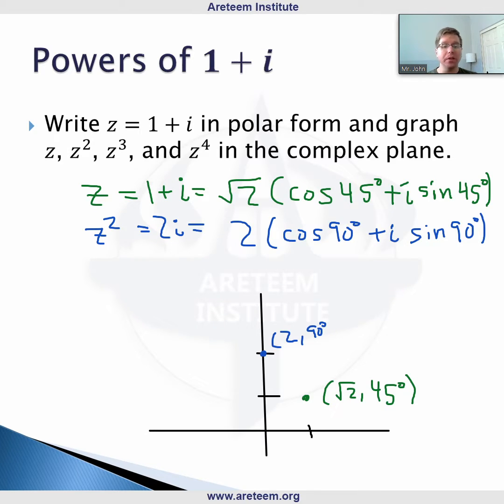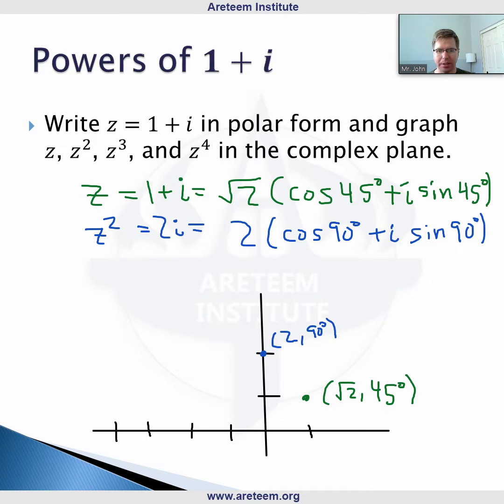And hopefully everybody sees that this pattern is going to continue from here. I'm not going to label them above, but if we look at our next point, so if we look at z cubed, well, we're stretching out by another factor of square root of 2. So if we stretch these things out a little bit more, we are also rotating by another 45 degrees in this case.